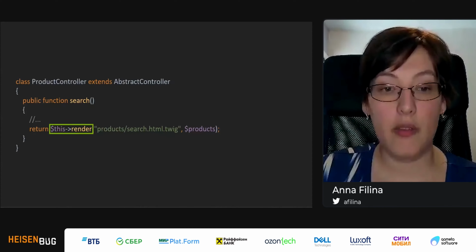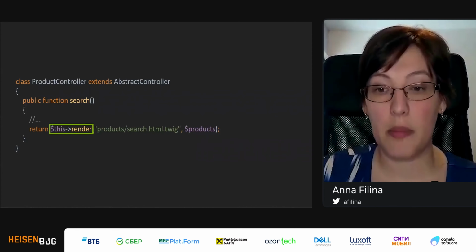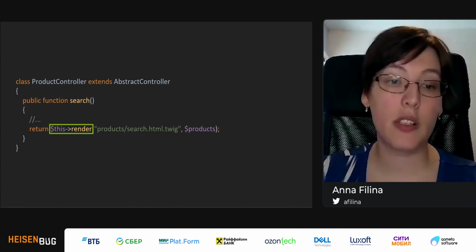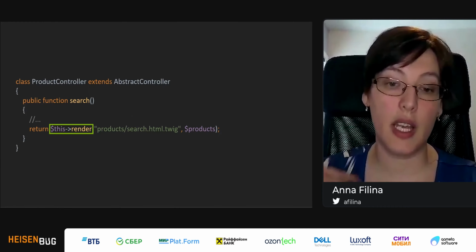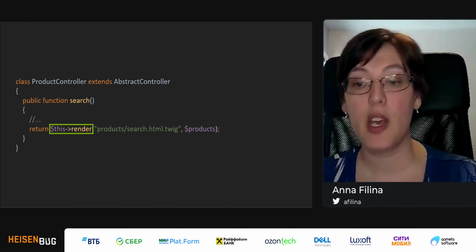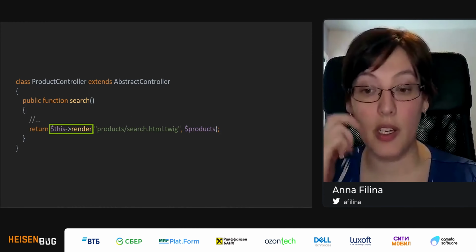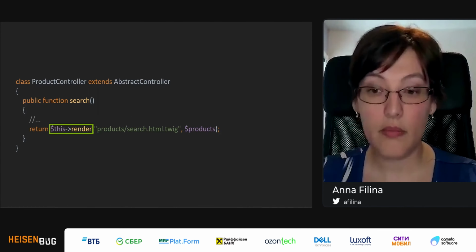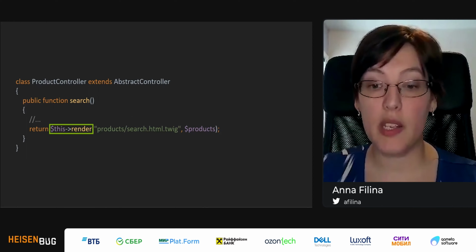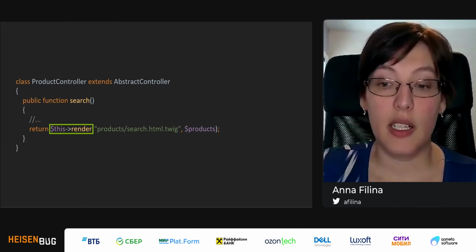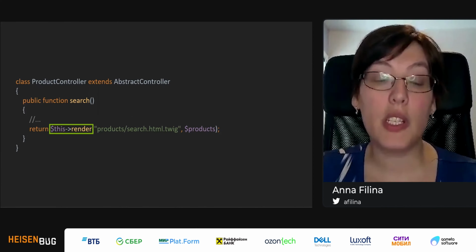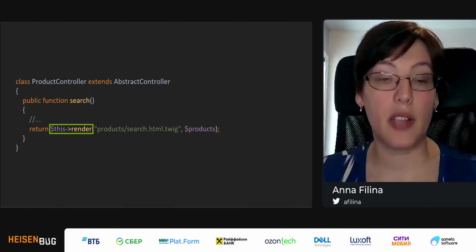So here's an example of an application. This is an MVC application. It's a product controller. What it does is get some products from the database and then render them to the screen using a view file. The problem with this is you cannot instantiate this class without bootstrapping the entire framework.